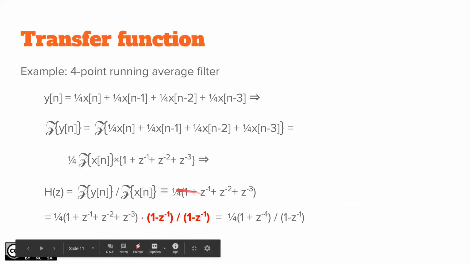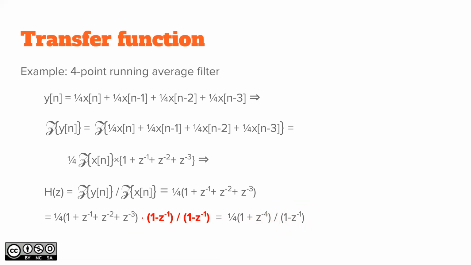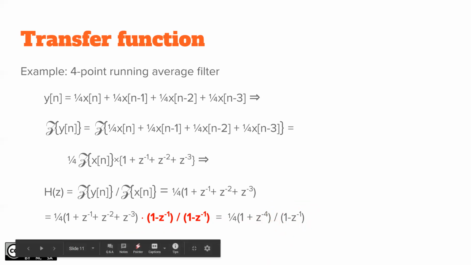I'm not doing anything illegal, but if you do this, the numerator polynomial will be 1 plus z to the minus 4, and the denominator will be 1 divided by z to the minus 1. And that's actually the feedback way of calculations.